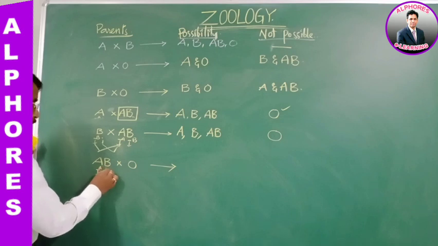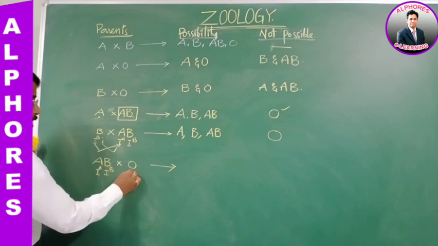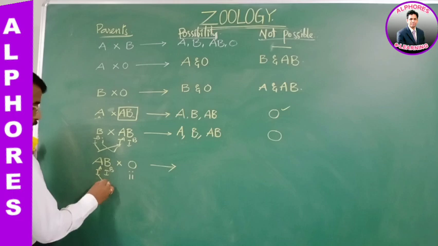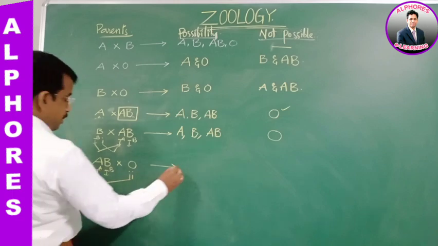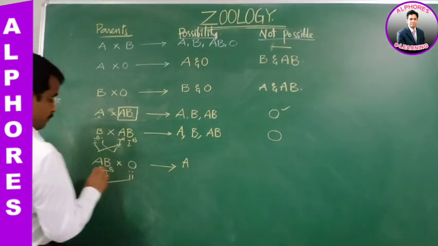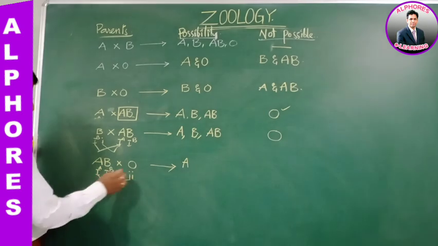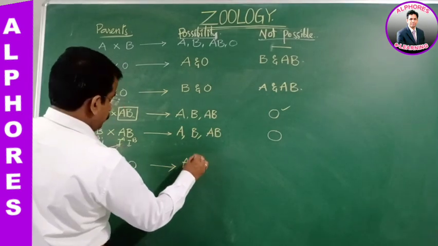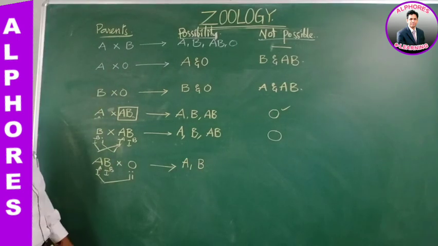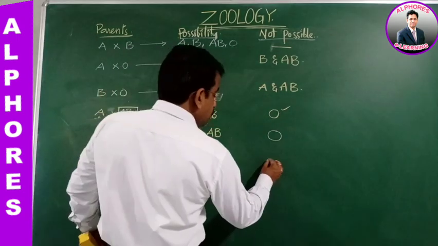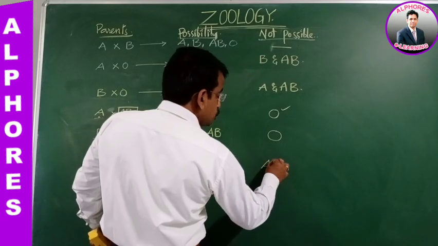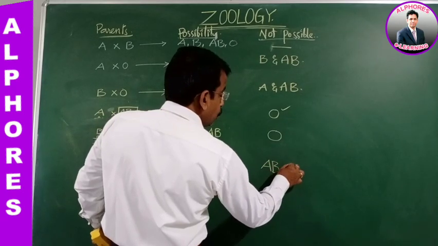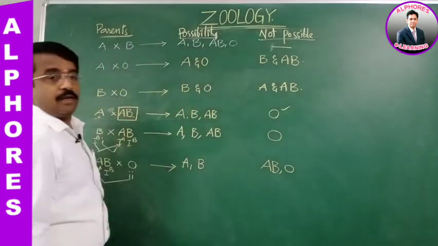IA, IB, IO. So the possibilities are A, next A, B and B. So only A and B are possible. What are not possible? AB is not possible and O is not possible.